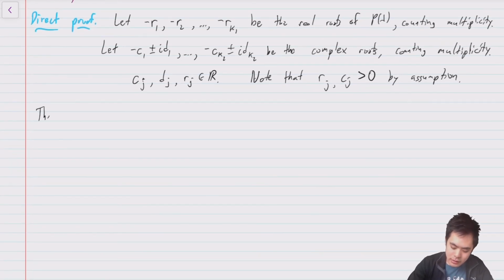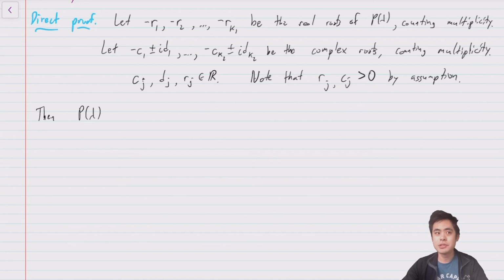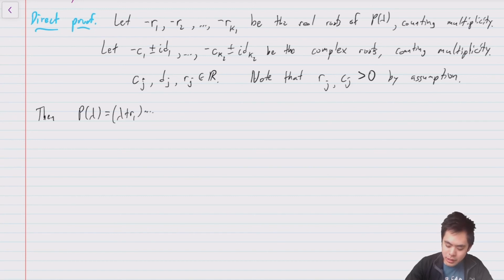Well, then we can factor our polynomial. This is one of the facts about the roots of a polynomial: you can factor by them. So then p of lambda is equal to lambda plus r1, the product of all these, all the way through lambda plus rk1, and lambda plus c1 minus i d1 times lambda plus c1 plus i d1.